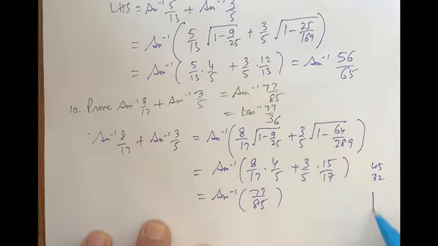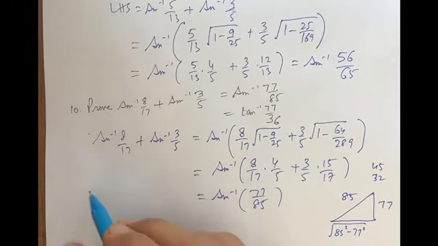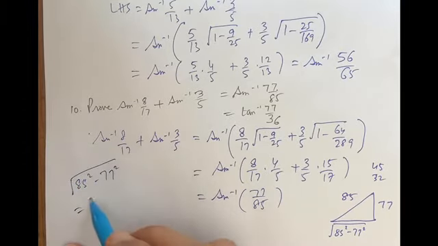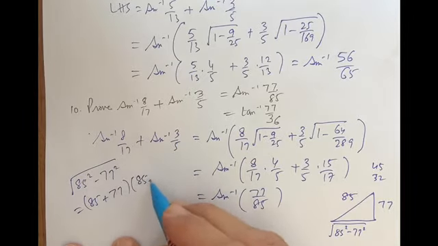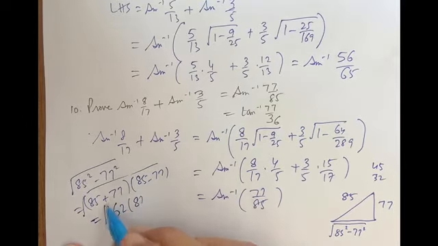Now we want to convert to tan inverse. This side is 77, this is 85. How to find out this side? Use Pythagoras theorem. It's 85 square minus 77 square under the root. This can be written as 85 plus 77 into 85 minus 77, which is 162 into 8 under the root.